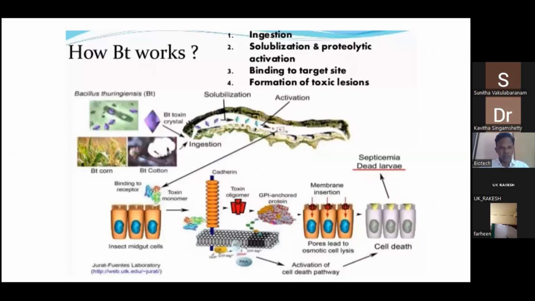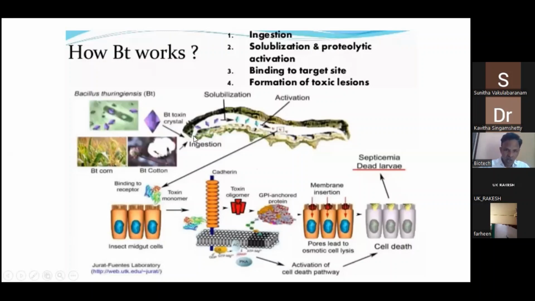As a result of this, the cry gene starts to produce Bt toxin, which is a crystal. So when an insect larva starts to feed on the leaf of a cotton plant or brinjal plant, they also ingest the crystal, which is called Bt toxin.